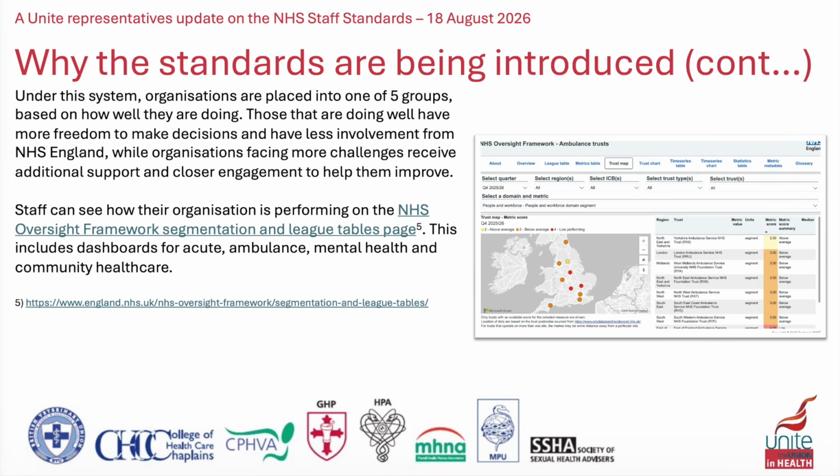Staff can see how their organisation is performing on the NHS Oversight Framework segmentation and league tables page. Sounds like an exciting web page, doesn't it? This includes dashboards for acute, ambulance, mental health and community healthcare. I've seen at least one person that's joined today might recognise this page because it's from their employer. I've given an example of an ambulance trust there.